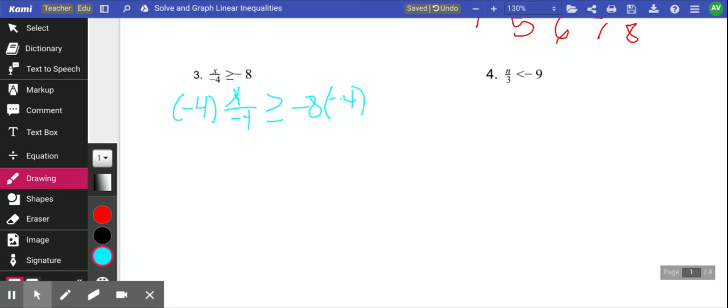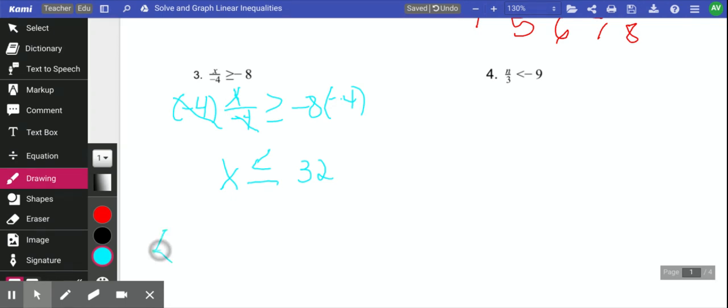Now, this is where I've seen students get mixed up before. If you multiply and divide by the same number, they cancel out. This does not become 16x or have an 8 anywhere. It's just they cancel out. This is just an x. Over here, a negative times a negative is a positive 32. And we did multiply by a negative number, which means we flip the sign. Okay, so I have x is less than or equal to 32.